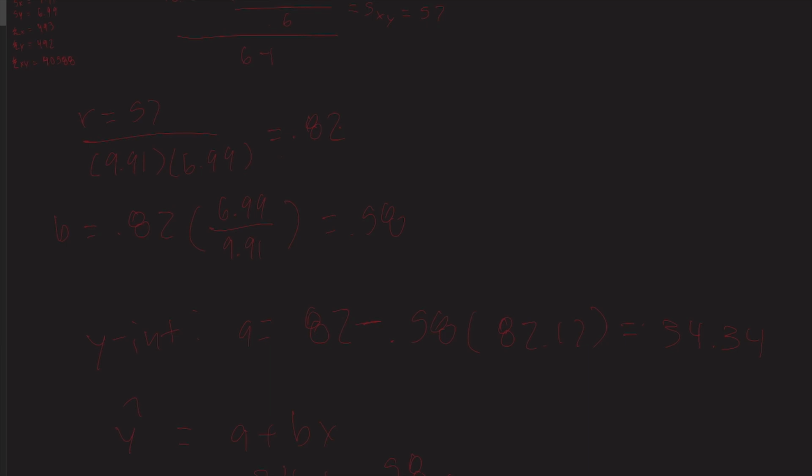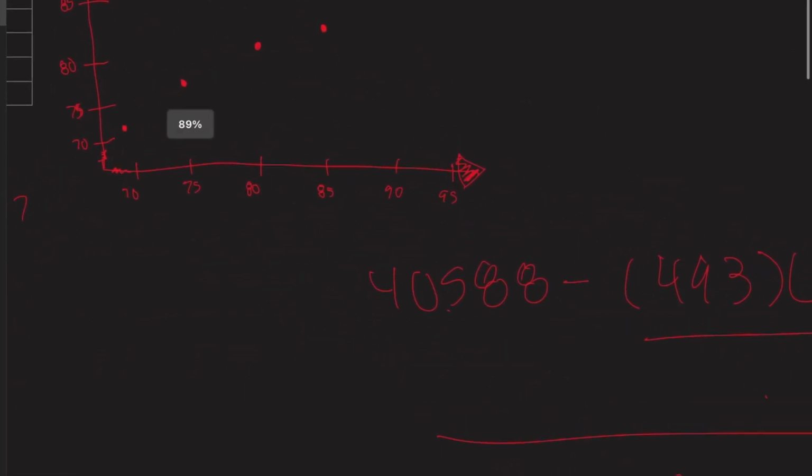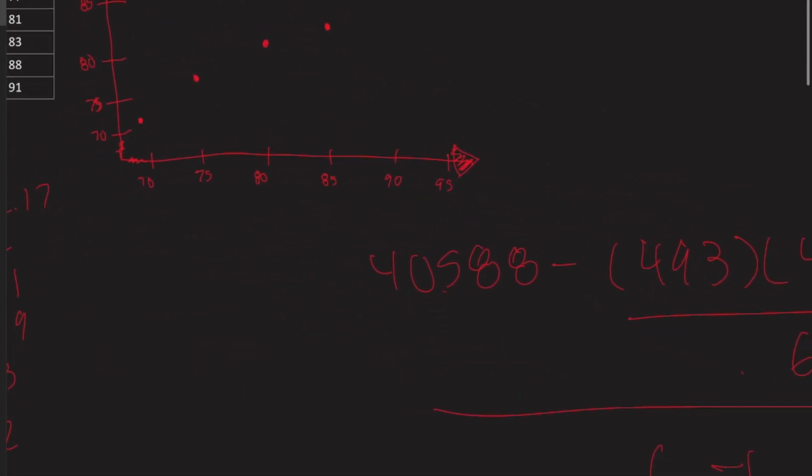So 34.34 plus 0.58x. Now we go to our scatter plot, and we just draw the line.